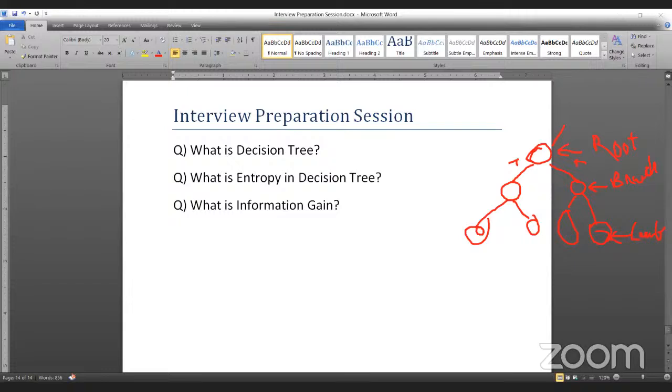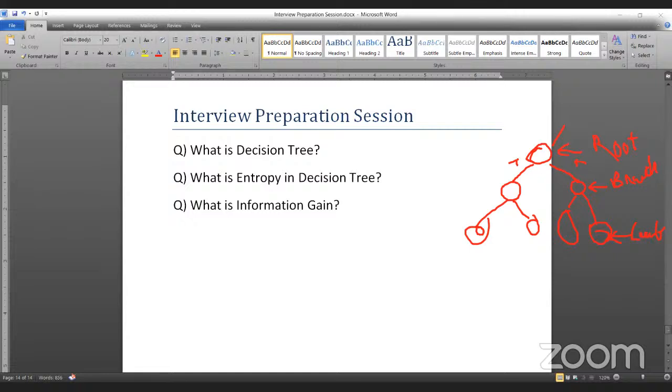Then after the root node, we'll be splitting the data, getting something like yes, no here. And again, suppose this is the second node we are choosing, we'll check which one has the highest information gain. Now this column is excluded, so excluding this column, all the other columns will be checked.